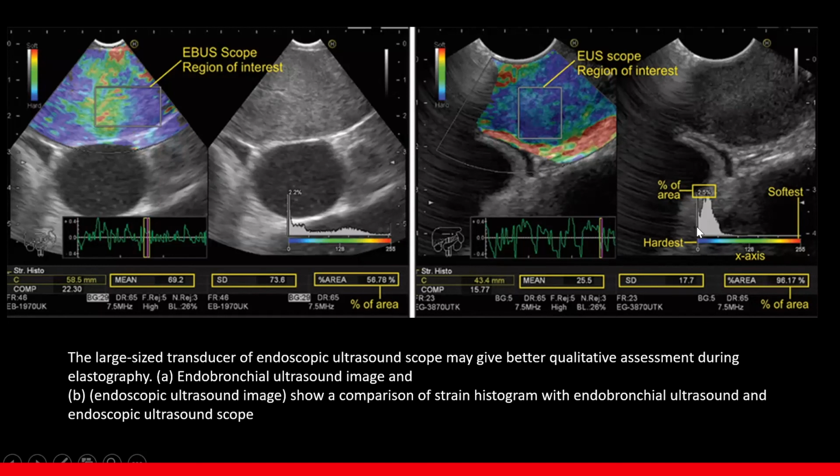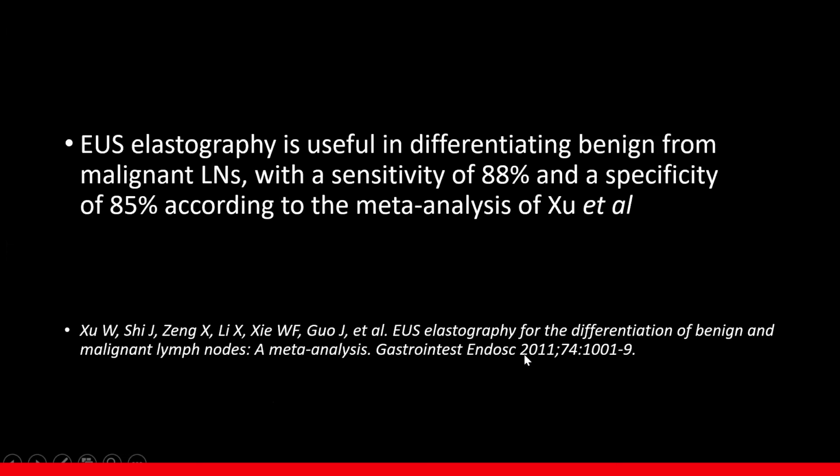You see a graph here, and this graph tells us what percentage is the hardest part in this area, the mean deviation, and the softest part. There is an advantage of EUS over EBUS because of the large size transducer. It gives a better assessment as compared to EBUS.